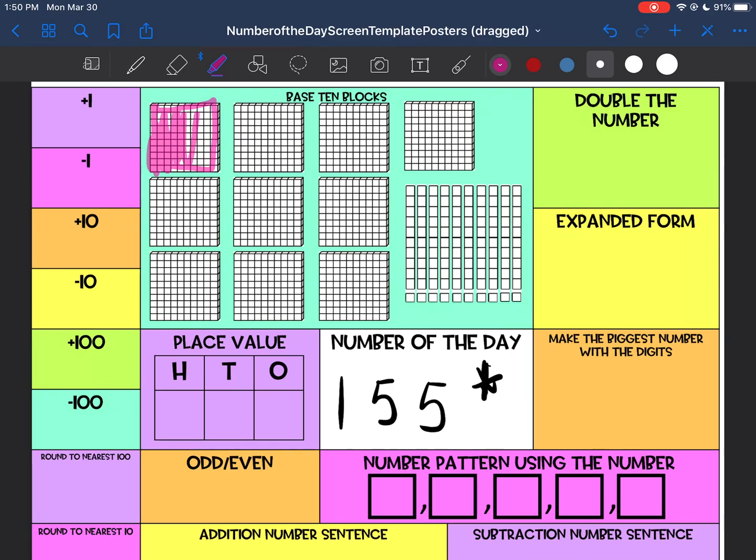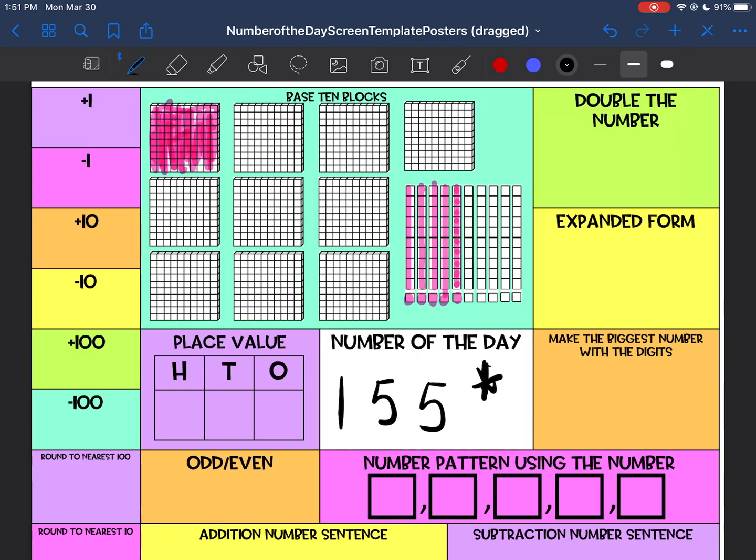I'm going to color it in here so we can all see. There we go, 100. 5 tens, 1, 2, 3, 4, 5. And 5 ones, 1, 2, 3, 4, 5. I've just represented the number of the day, 155.